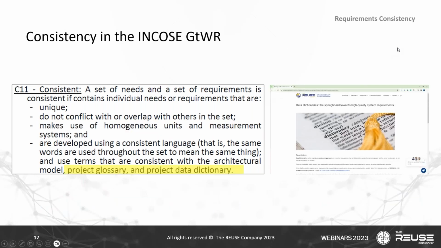We can also think of consistency in terms of the names you give to the different aspects you mention in your requirements. And one of my colleagues, Elias, was presenting a very nice webinar some months ago about the concept of project data dictionary to guarantee consistency in the wording of your elements.